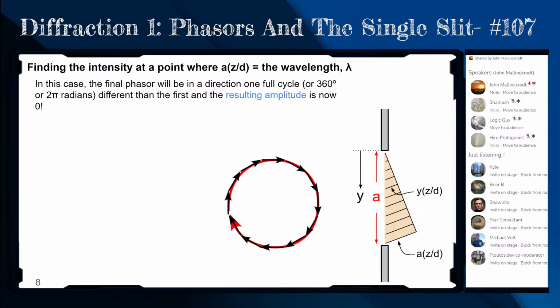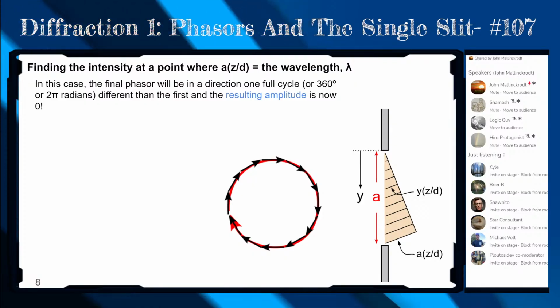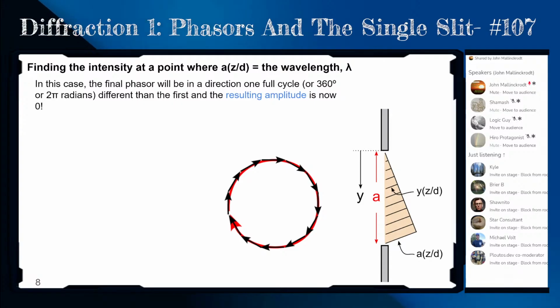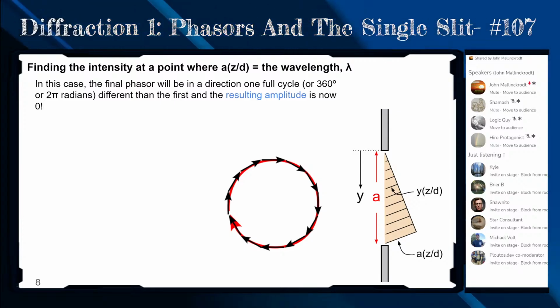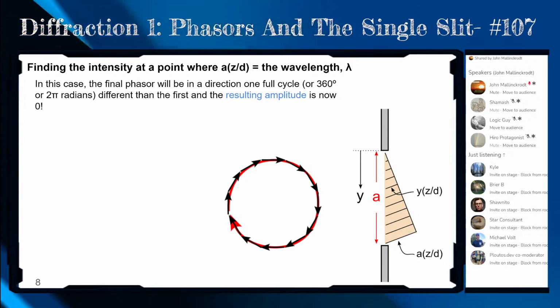And the source slightly below the midpoint will be exactly out of phase with a point slightly below the top, and so on, all the way down. For every source in the upper half of the aperture, there's a source in the lower half of the aperture that exactly cancels its contribution.